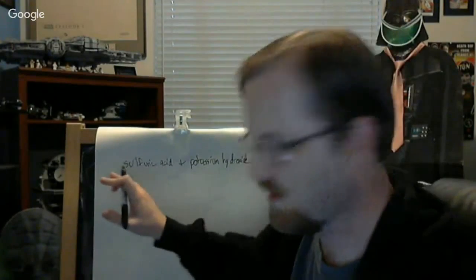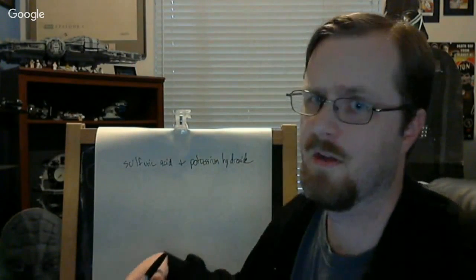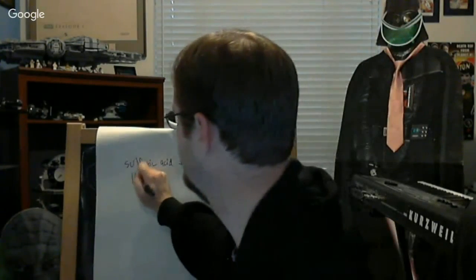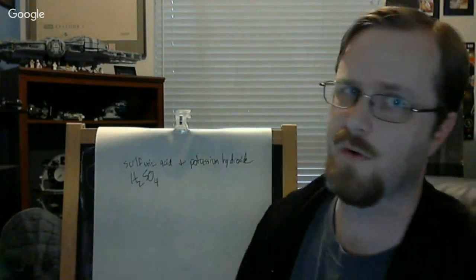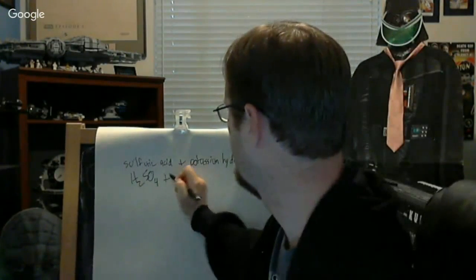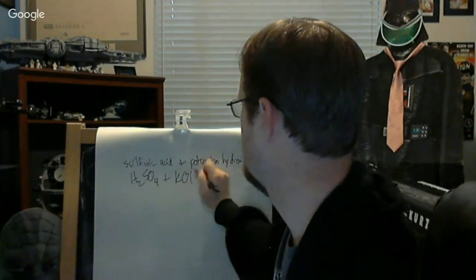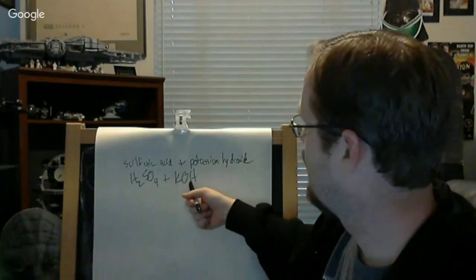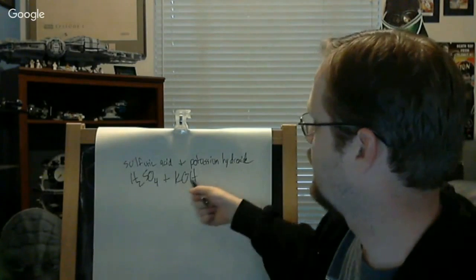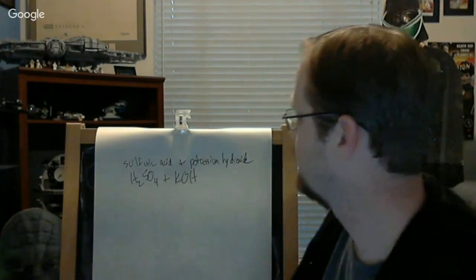Now this one shows up quite a bit, and you guys should memorize this particular formula. Sulfuric acid is H2SO4, and potassium hydroxide is KOH. K is potassium. OH is hydroxide. That's +1. That's -1. So they already add up to equal 0. So you don't really need any subscripts there.